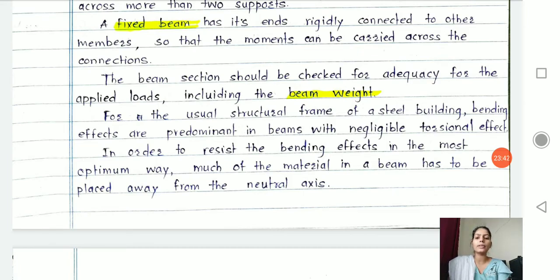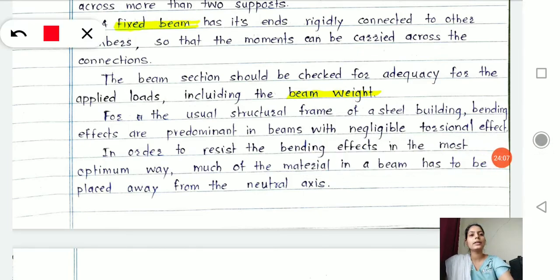In the dead load category, one load is the self weight. A beam which is spanned over long spans carries heavy dimensions, so due to its own weight a heavy load is transferred. That own weight of the beam is also included. The beam section should be checked for adequacy for the applied loads.